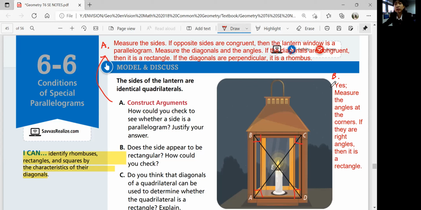And part C, do you think the diagonals of a quadrilateral can be used to determine whether the quadrilateral is a rectangle? Could you determine using the diagonals? We just learned that in the last lesson.